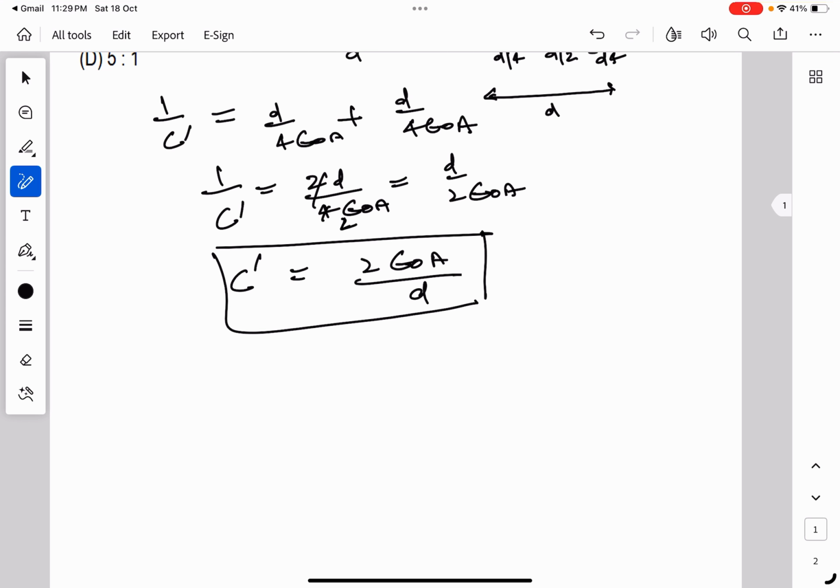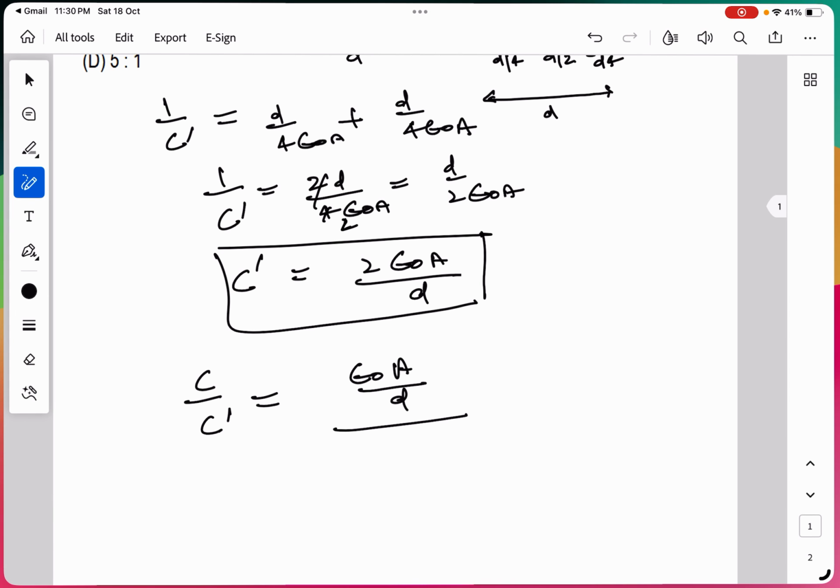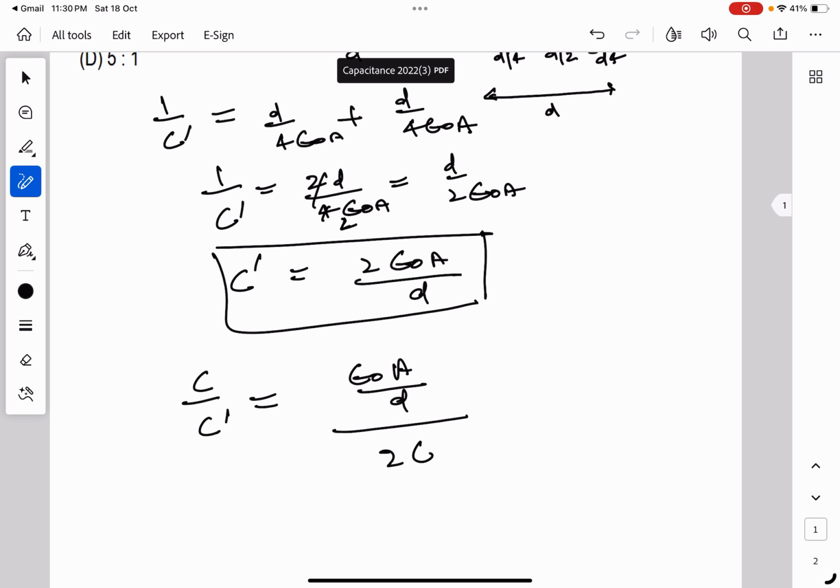Let us find out the ratio of C upon C dash. The original capacitor had a capacitance of epsilon naught A upon d, and the new capacitance of the two capacitors is 2 epsilon naught A upon d. So the ratio is 1 upon 2.